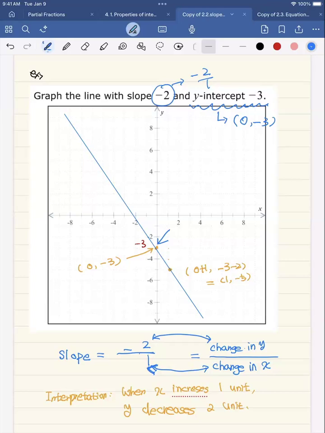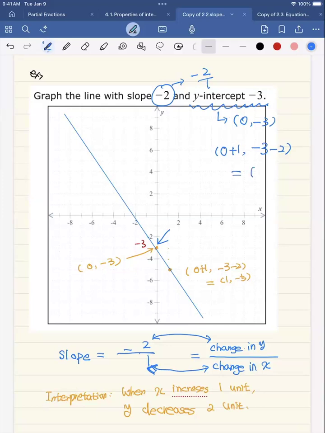Algebraic interpretation of this slope is when we change x by 1, we add 1 to the x-axis coordinate, and y-coordinate is -3, but y changes by 2. So we have to add -2 here.